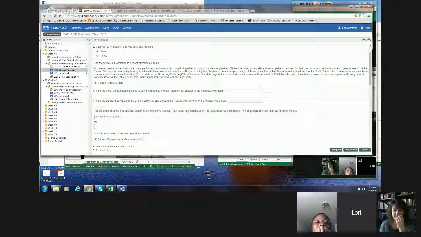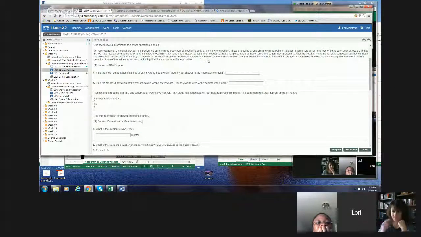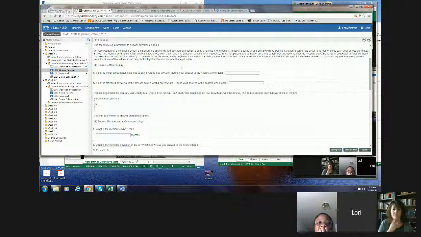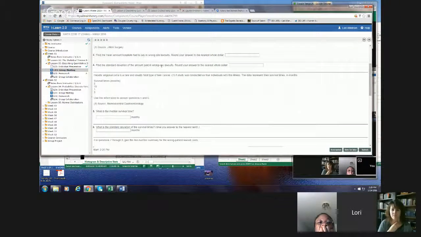Philip Dale conducted a study on these mistakes and the lawsuits that follow. The data in the file wrong site, wrong patient located in the data page on the online textbook represent the amount hospitals have been required to pay in wrong site and wrong patient lawsuits. Some of the values equal 0, indicating that the hospital won the legal battle.